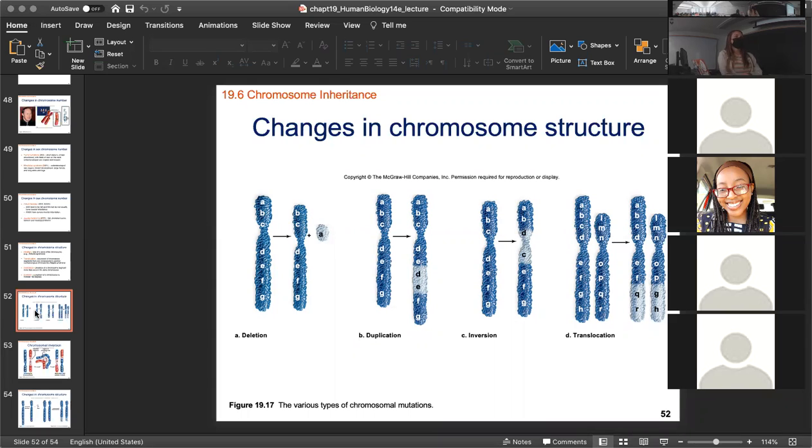Okay, that's where you can see that duplication. Inversion. So you can see the D and the C over in that third picture, flip-flopped. And then translocation. The QR and the GH just kind of moved, right? The GH was on the left, the QR was on the right, and they just both flip-flopped. They translocated.